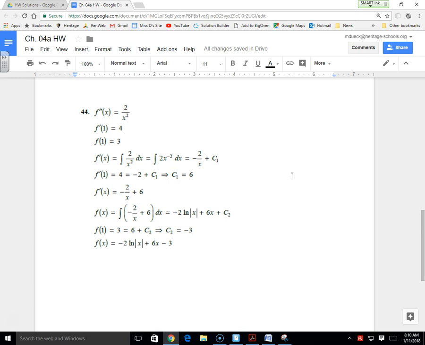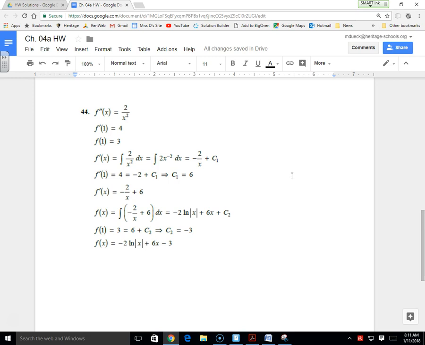So this is what you were given: the second derivative, a first derivative clue, a point of the first derivative, and a point of the original. You'll see the first integral they did, they called it f prime because you were going back one step. You were anti-deriving, going back one derivative. So the very first antiderivative would have been 2x to the negative 1 over negative 1, or negative 2 over x plus c.